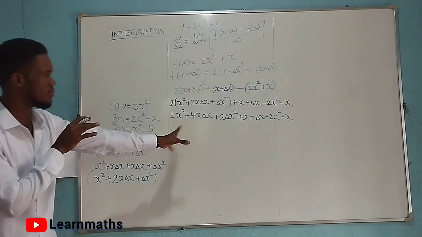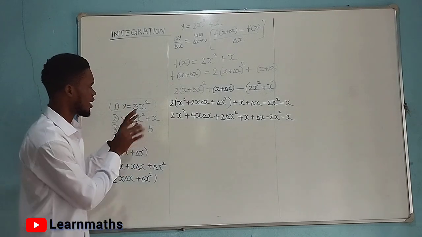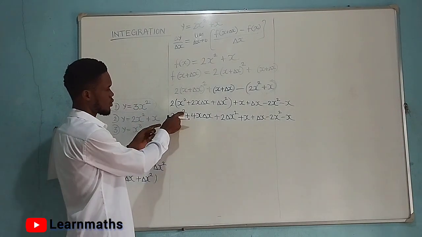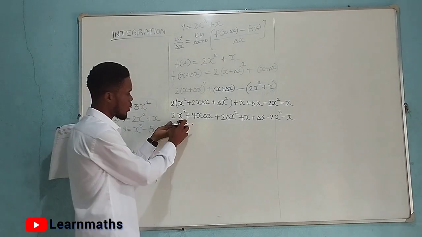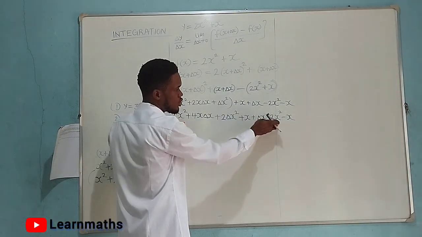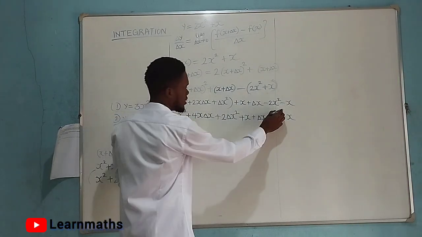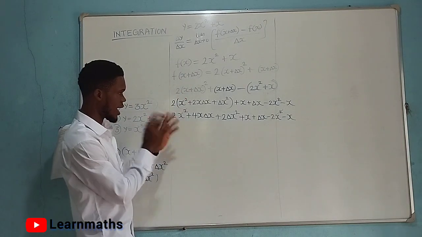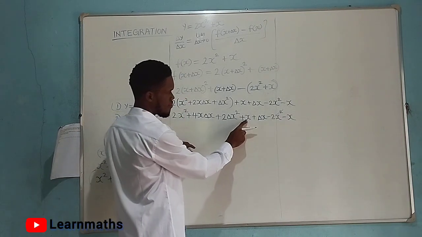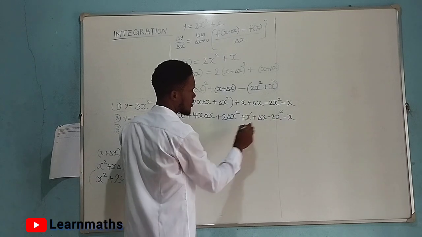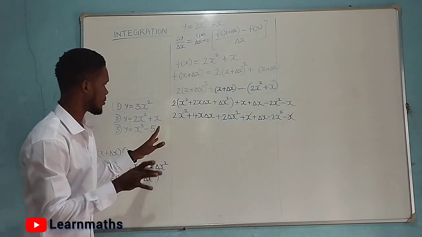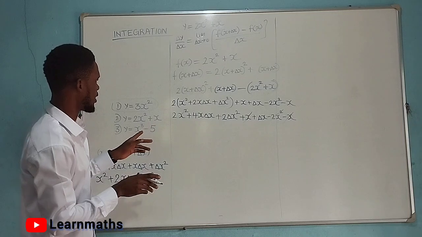So let's see if we can simplify this further. Now we have 2x squared minus 2x squared, so this is going to subtract this out. Then we have x minus x. Is there any other subtraction? No, there is no other subtraction.